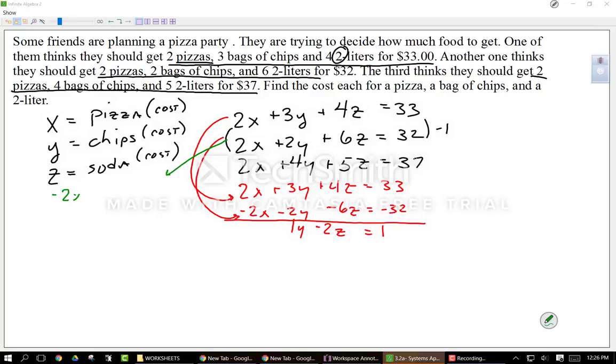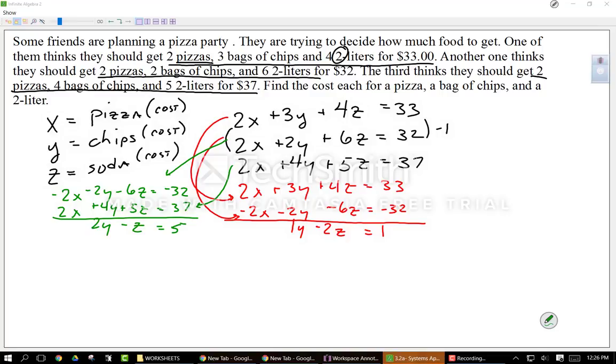So it's negative 2x minus 2y minus 6z equals negative 32. And I'm going to take the third equation and just write it right underneath. 2x plus 4y plus 5z equals 37. Again, you notice my x's are going to cancel. So let's cancel. This gives me 2y minus z equals 5.